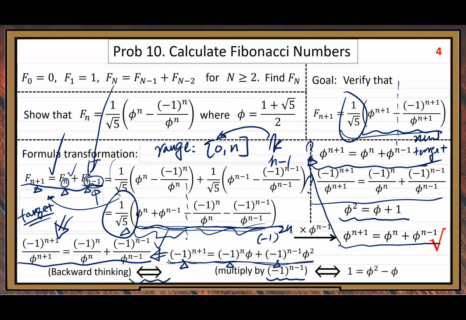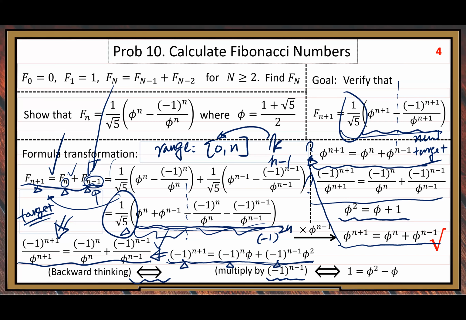Then after simplification, you can see the right-hand side is phi squared minus phi. You look at the exponent of -1: if it is an odd number, you use -1; if it is an even number, you use +1.